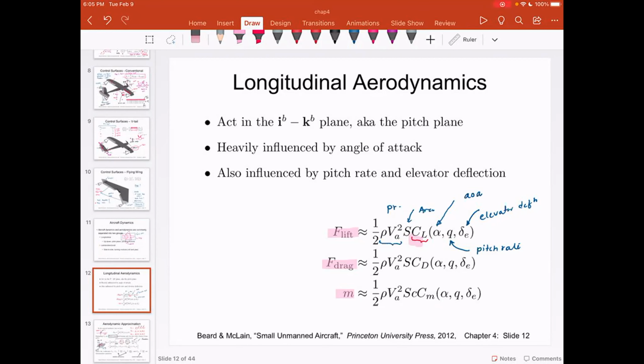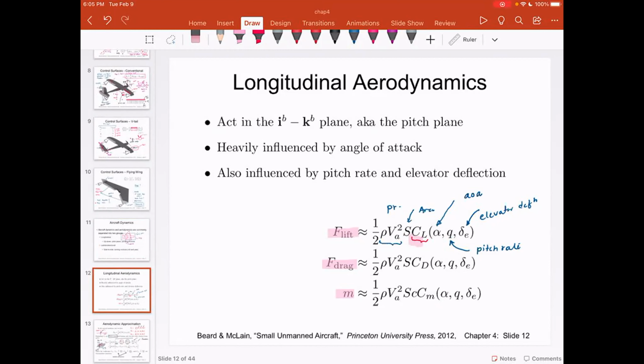When that is multiplied by the area, which is S, you get force. When that force is multiplied with a dimensionless quantity, please note, CL is a dimensionless quantity, coefficient of lift, which depends upon the angle of attack, pitch rate, and elevator deflection. Same thing, the drag force is dependent on angle of attack, elevator deflection, and pitch rate.